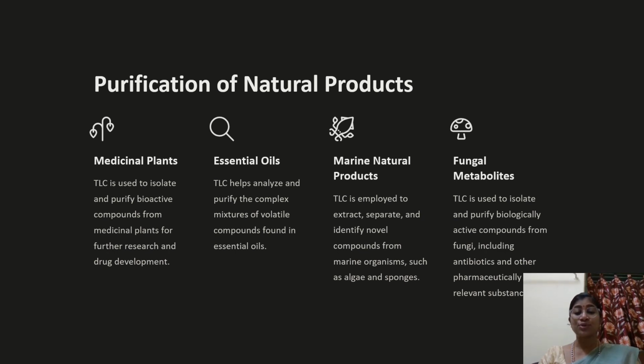TLC is employed to extract, separate, and identify novel compounds from marine organisms such as algae and sponges. TLC is used to isolate and purify biologically active compounds from fungi, including antibiotics and other pharmaceutically relevant substances.